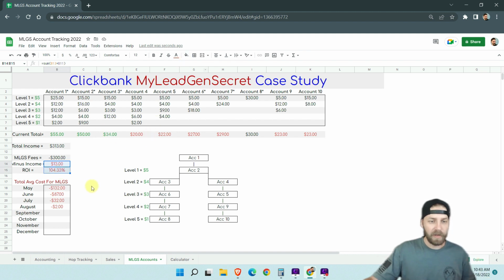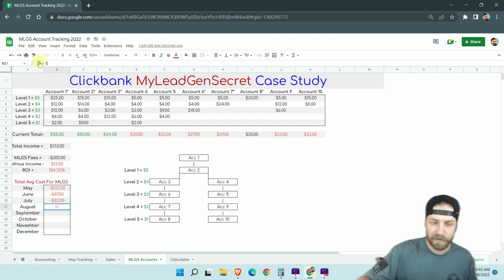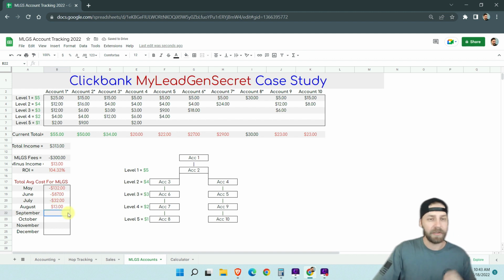I'll fix this later. This should be green. I'm actually earning $13 per month. It's not costing me anything at this point, so this needs to be a positive number. So we will put plus 13.